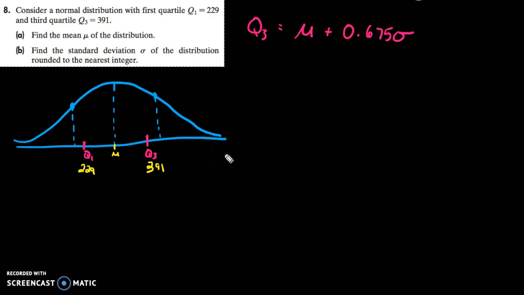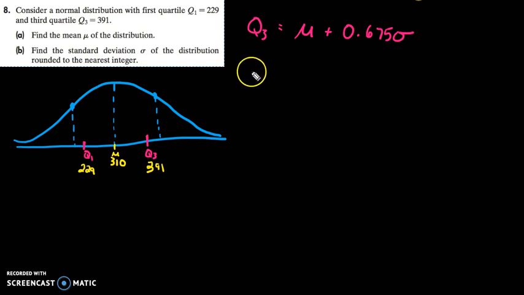So I can find the distance between them. I could do 391 minus 229. You can add them up and divide by 2. A lot of stuff, whatever you want. Yeah, let's add them up and divide by 2 because we did the other one the other way. So 229 plus 391 gives you 620. And so divide by 2 is 310. And so our mean here is 310.